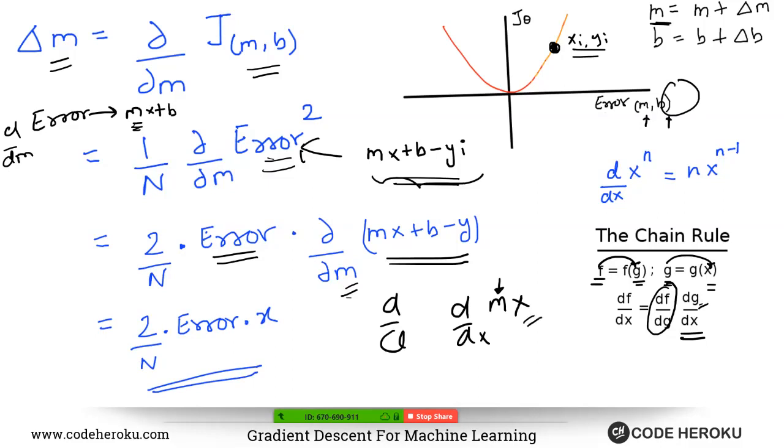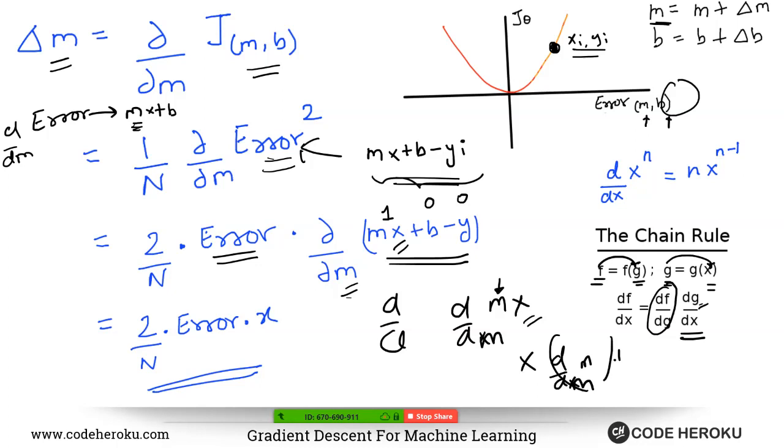So x times 1, and this is a constant, so this will be 0, and this is a constant as well, so this will be 0 as well. So the derivative of constants will be 0, and we'll be left with just 1 over here. So the x will get left out: 2 by n times error times x. So this is what the derivative is: 2 by n times error times x.